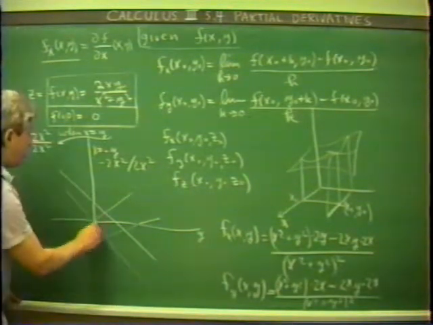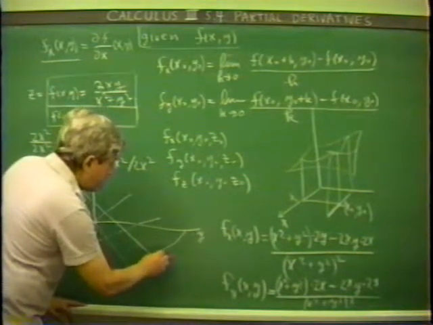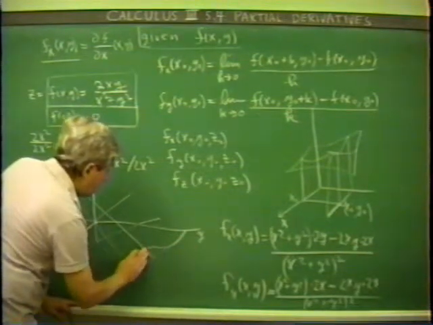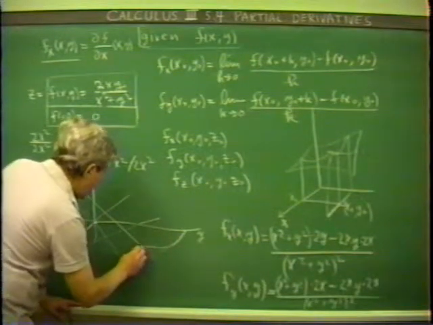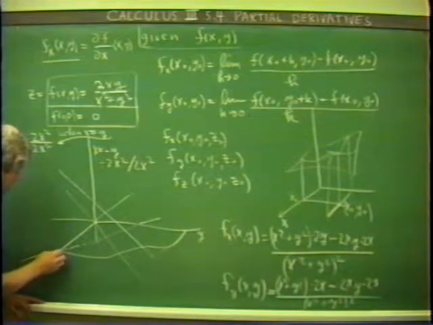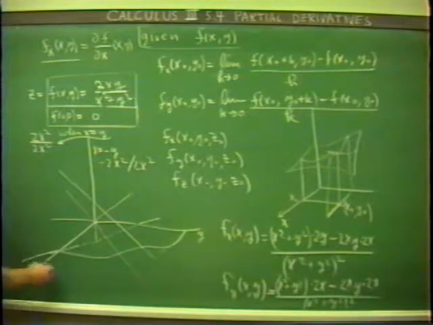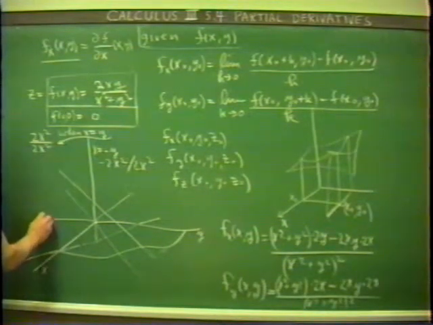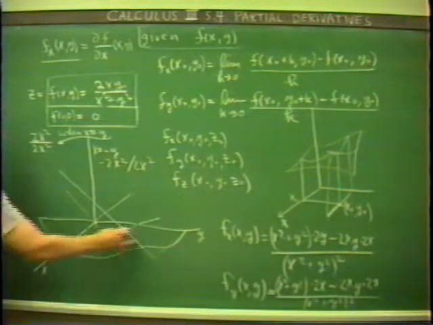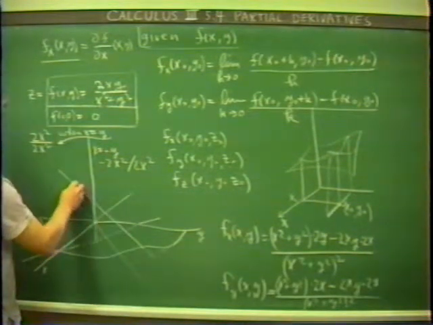If you look at various other lines going through the origin, what you find is that this function comes up like so and increases to 1, and then gently decreases until it gets to 0 over here, and continues to decrease until it gets to minus 1, and goes on over here, so that on the y-axis it's 0.